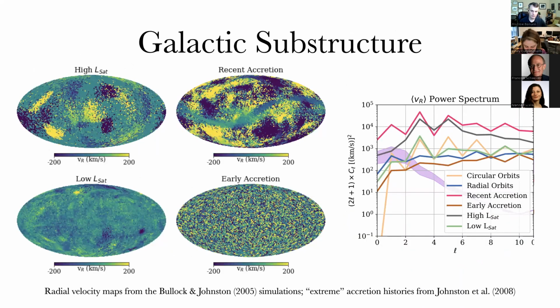But I motivated this by discussing the fact that it's complicated to observe these signatures if you're in a cosmological halo that's been built up through accretion events. And so in order to test if we could use spherical harmonics to disentangle signatures due to smaller scale substructure versus large scale perturbations like the Magellanic Cloud, we looked to the Bullock and Johnston simulations.